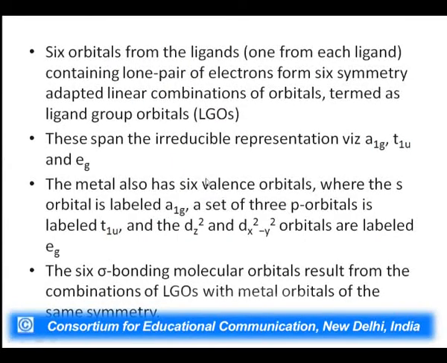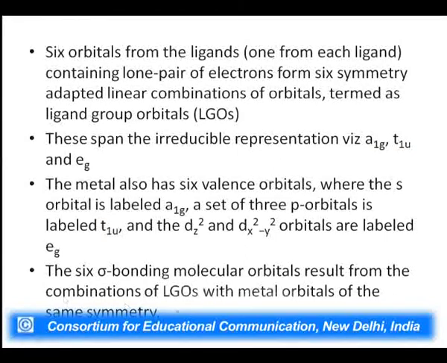Now, the metal has 6 orbitals, where the s orbital is labeled as A1g, the 3 p orbitals are labeled as T1u, and dz square and dx square minus y square are labeled as Eg. So now you get an identical symmetry from the ligating group orbitals, LGOs: A1g, T1u and Eg, the same symmetry that is available on the s, px, py, pz, that means the p orbitals, and dz square and dx square minus y square, that is the Eg of the metal. So they have combined to form 6 bonding and 6 antibonding MOs.